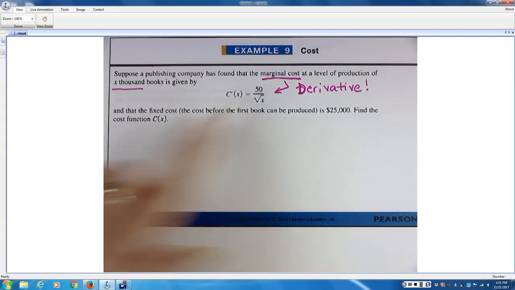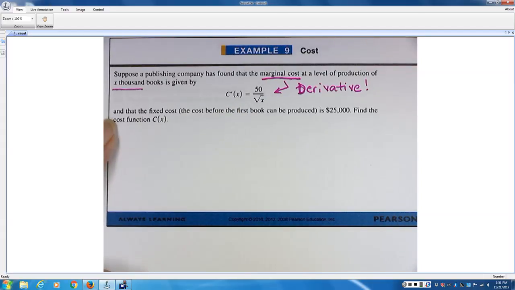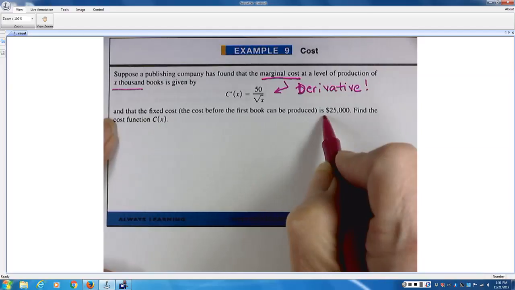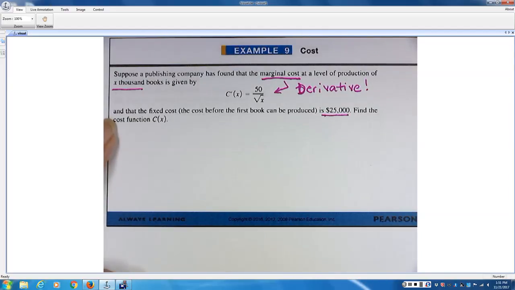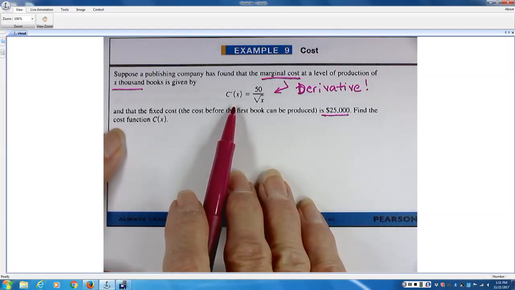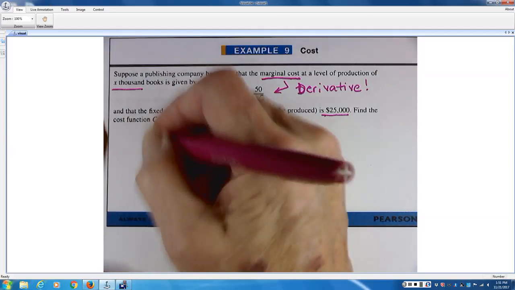So that's your derivative. And that the fixed cost, that's the cost before the first book can be produced, is $2,500. It says find the cost function, C of x. Well, first thing we need to do is we need to find the antiderivative of C prime of x.